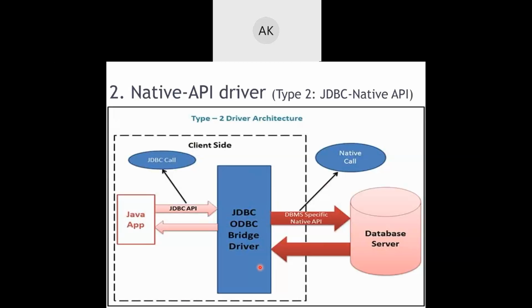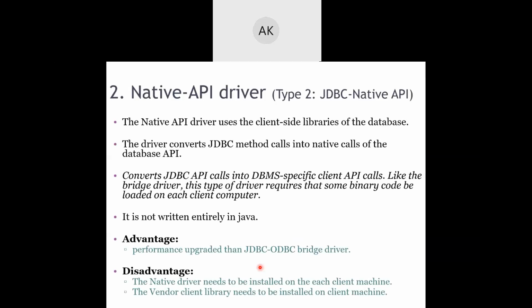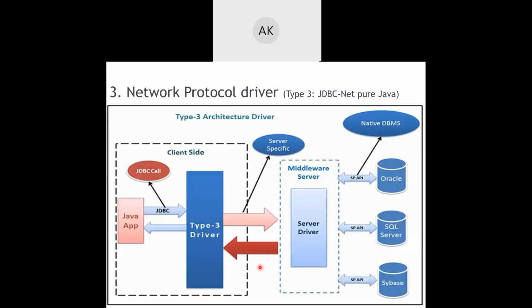But at that age of time, this was something which was new. Later on, it was converted into a networkable driver. So what happened is the Java application used to interact with the network protocol driver, the type 3 driver.